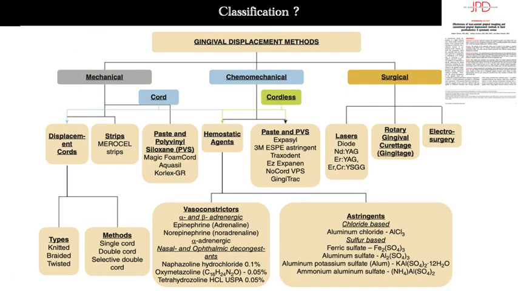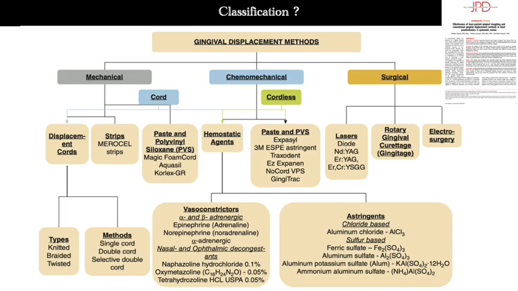Now, this is per se not a classification. This is something that caught my attention. This is actually a data representation given in a systematic review. We'll discuss the systematic review towards the end. However, in case some of the universities still have the habit of asking a massive 100-mark question on a topic, and if this topic has been asked as a 100-mark massive question, then you can represent the entire data in this format.